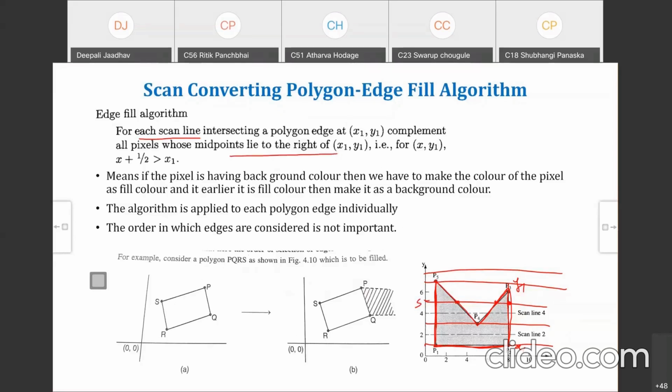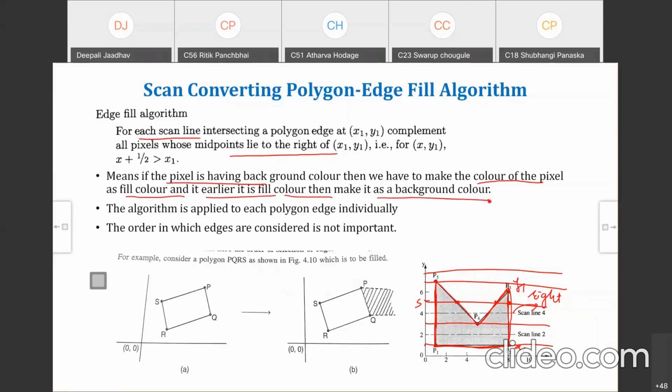For that, the pixel should be half or more than half on the right-hand side. If the pixel has the background color, make it the polygon fill color, and if it is already in the polygon color, then make it the background color.